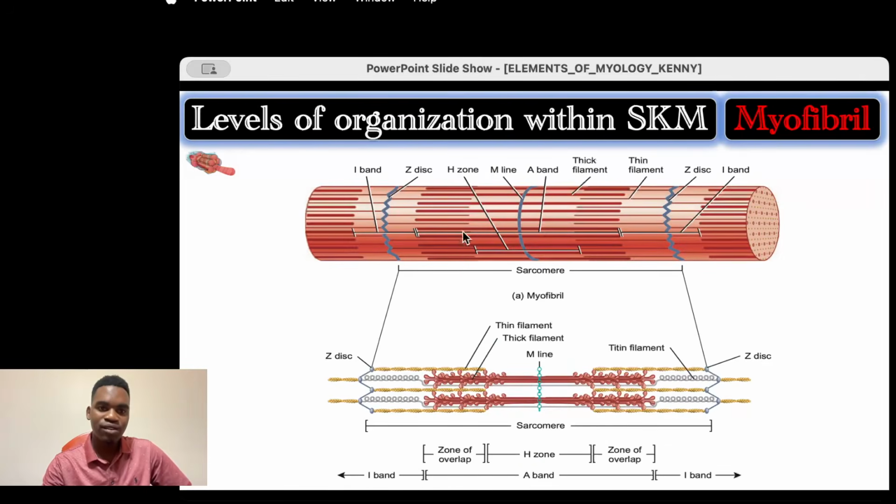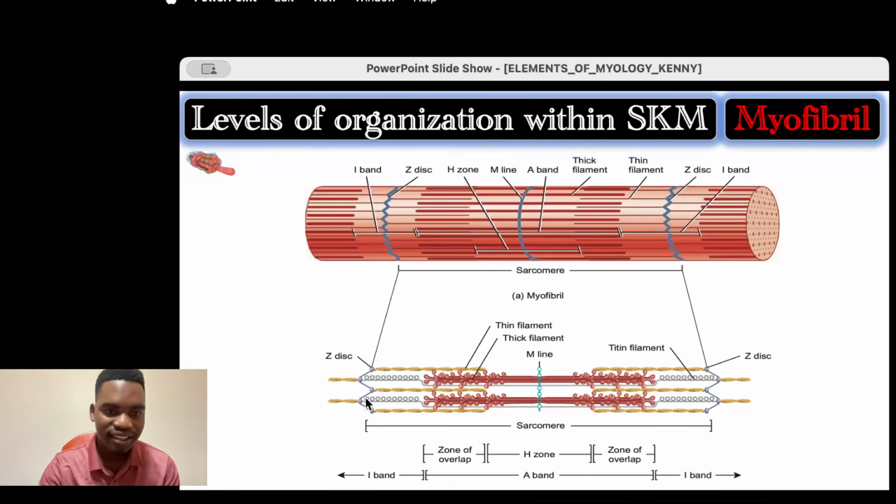When you zoom in on these contractile elements of the muscle, the myofibril, this is what you can see. This one here is the thin filament, and this one is the thick filament. This is the thin filament, and this is the thick filament. These thick and thin filaments are made up of proteins.